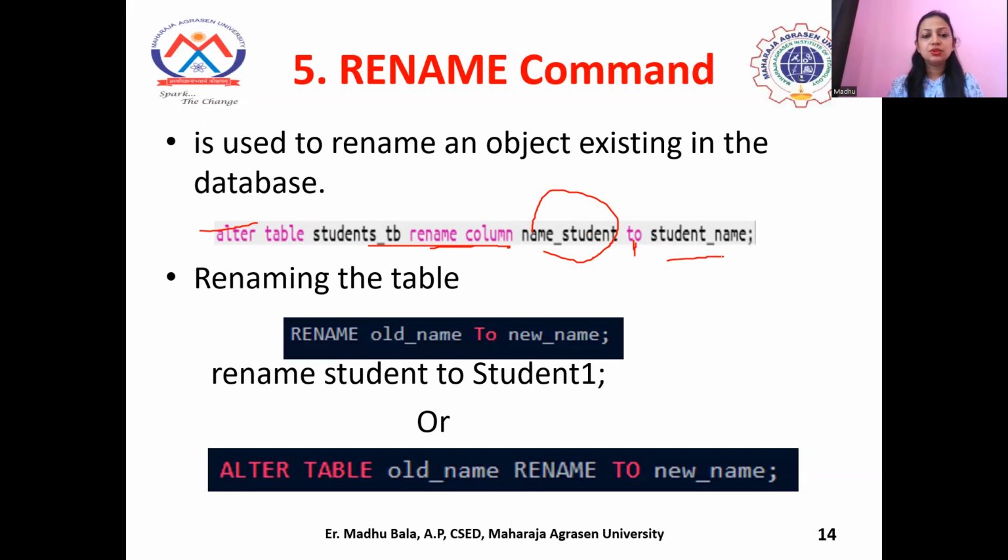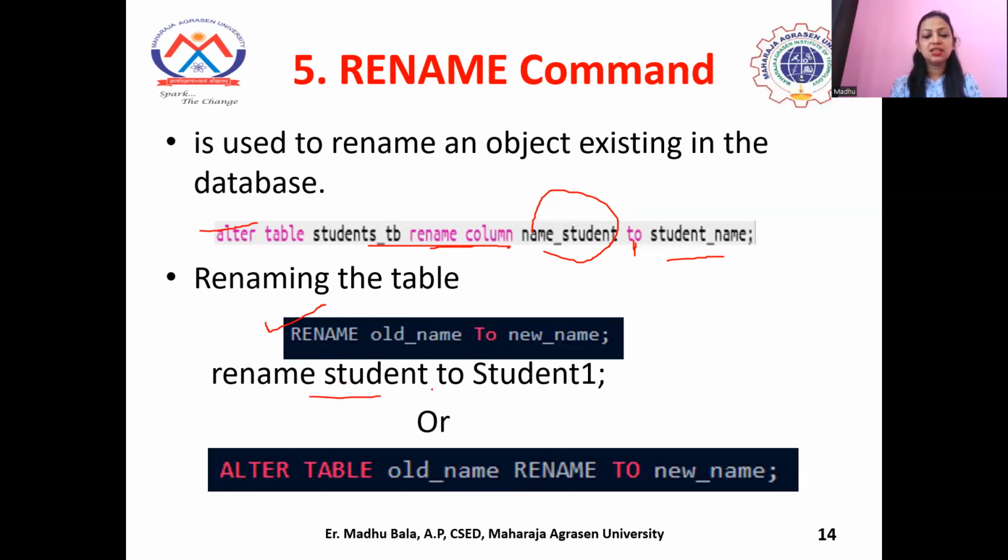The second use of rename command is, suppose I have created a table student, and now I want to rename that table from student two to student one. Rename command is used for this purpose as well. The syntax is: rename, then student two, and then student one.